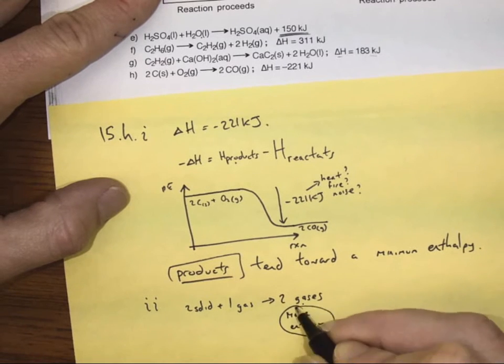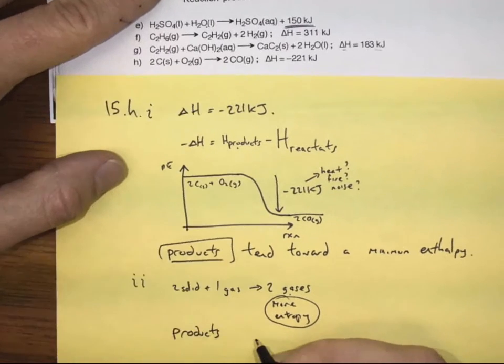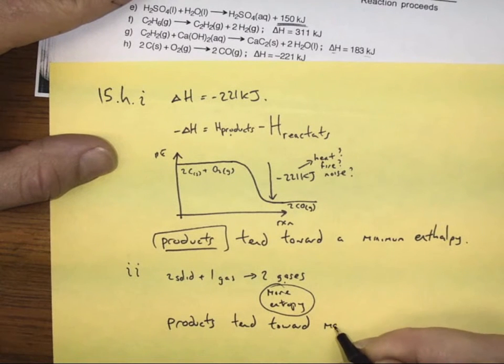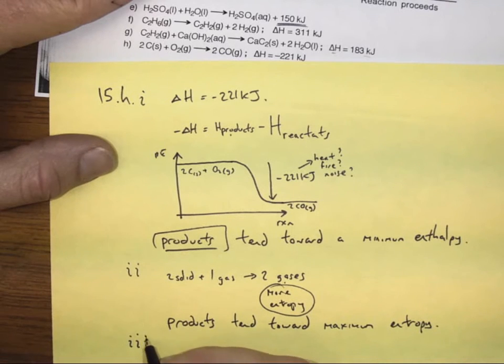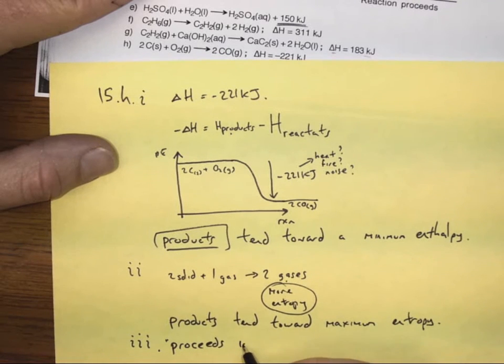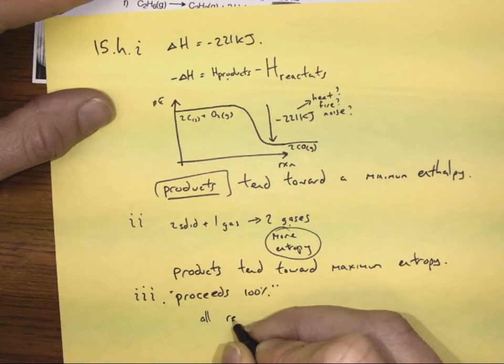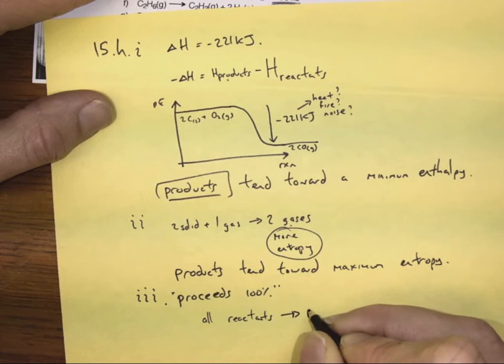So we're going to say the products tend toward a maximum entropy. So as a result, our reaction proceeds 100%. All reactants are turned into products.